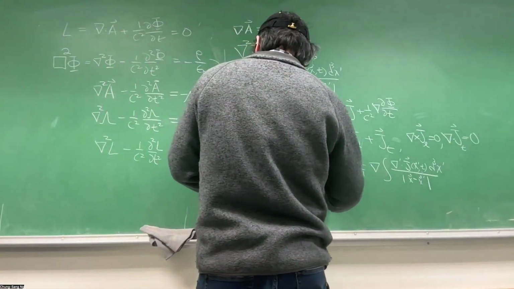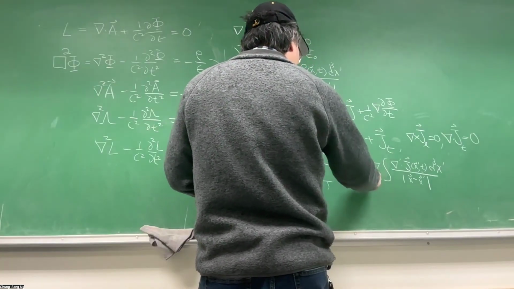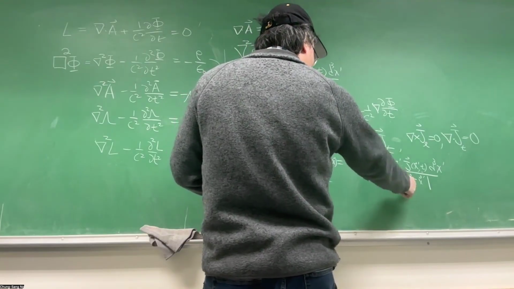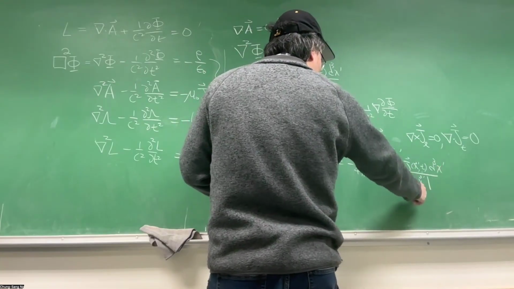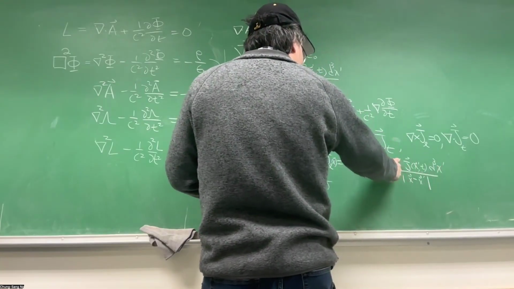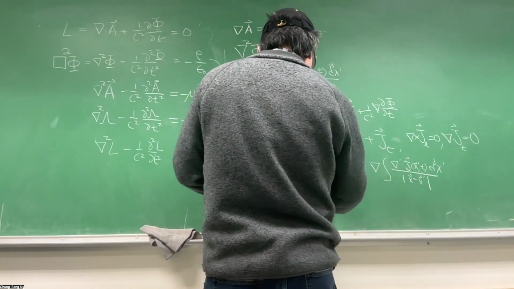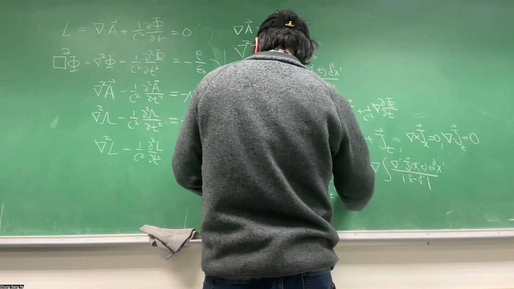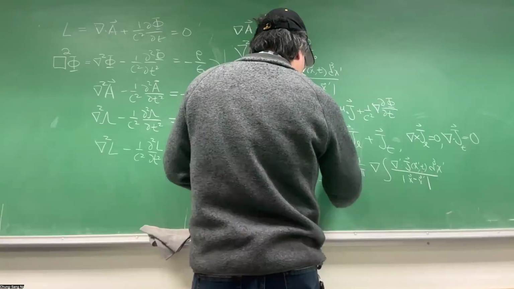And the transverse term, this is a function of x, and this operator is in x, so gradient on x. The integration variable is x prime, and this gradient is on x prime, so you need to be a little careful. So the difference between x and x prime, and t, yeah, that's a t also.